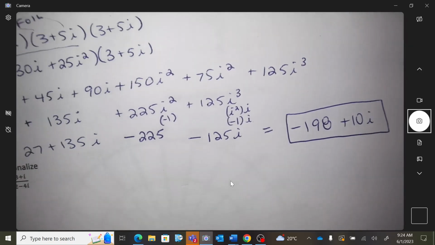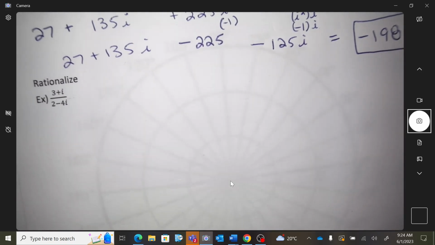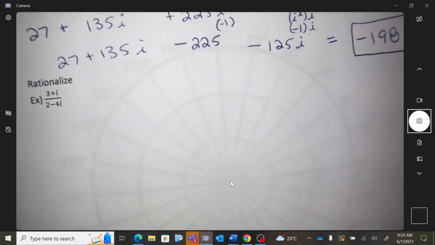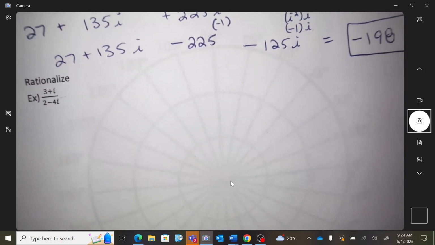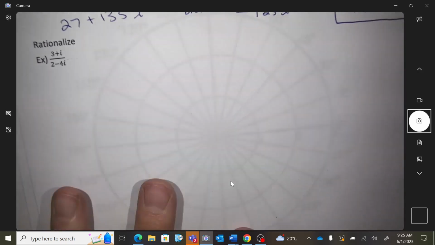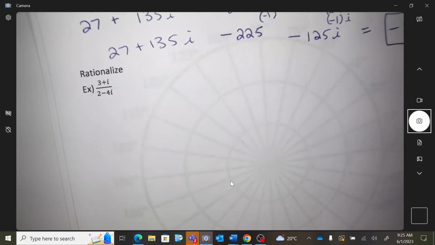Yep. Okay, rationalize. We have learned the word rationalize when we did radicals in grade 11. And we learned the word conjugate. Does that ring a bell? So rationalize would mean you can't have an i in the bottom. At the end, you're not allowed to have any i's in the bottom.